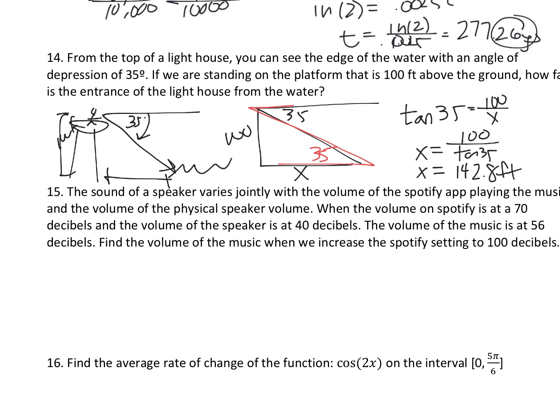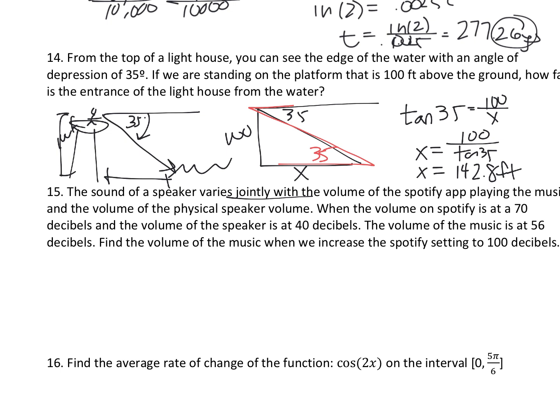The sound of a speaker varies jointly with the volume of the Spotify app playing the music and the volume of the physical speaker volume. So since it's a joint variation problem, there's going to be 2 things being multiplied together. So I'm going to write out my variables because the wording for the rest of this problem gets a little bit tough in terms of distinguishing what is what.